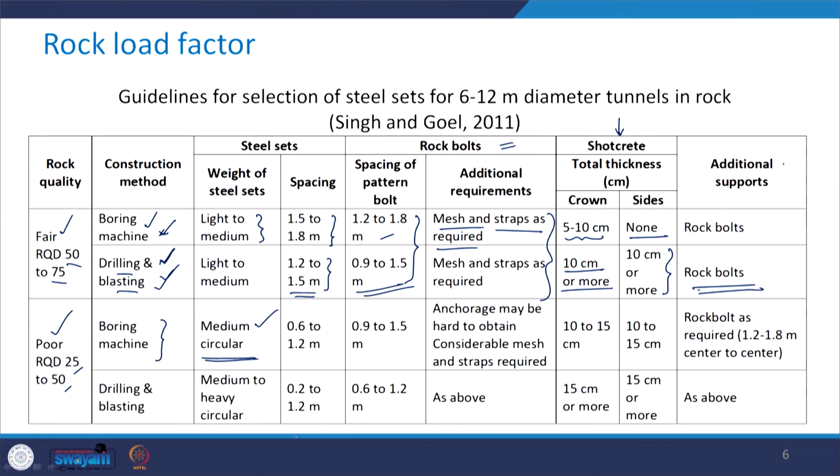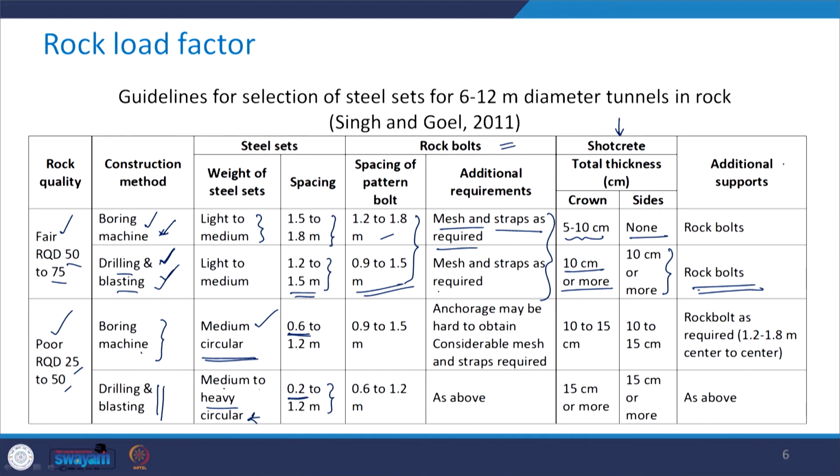But in case the excavation is done using drilling and blasting method, then it is medium to heavy steel sets, and of course the circular steel sets are needed. And again in this case you can see that the spacing range is larger, and the lower limit of this is less as compared to the lower limit of the spacing in case of the tunnel boring machine.